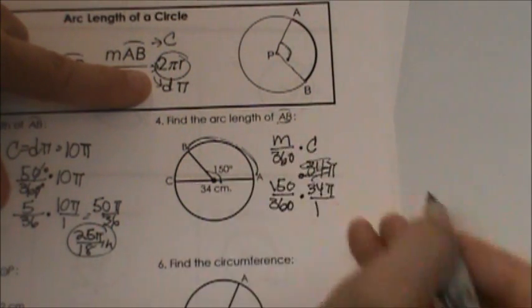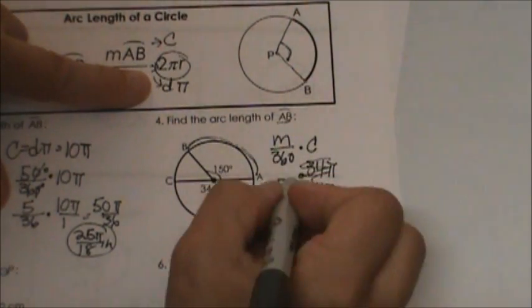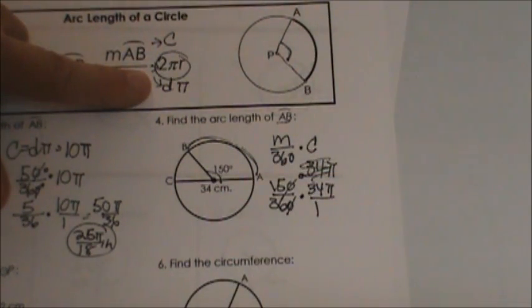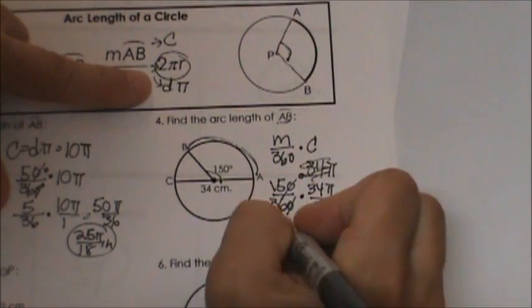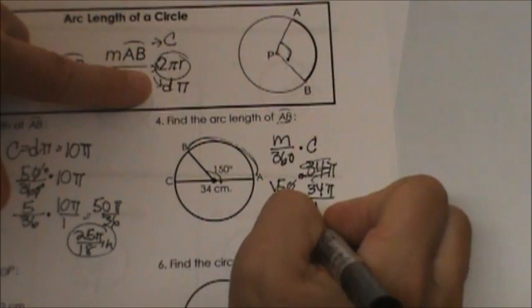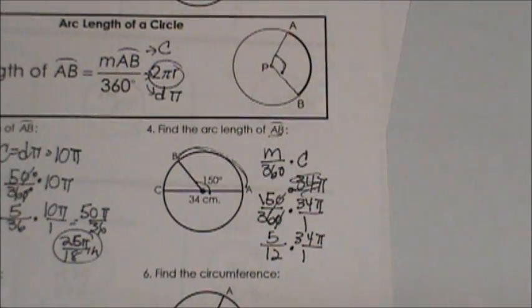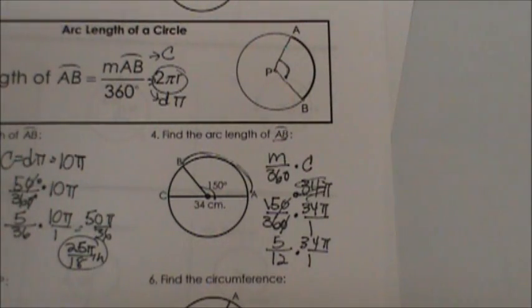Okay, I think I wrote that twice. Sorry about that. Okay, divide by 10. I'm just going to cancel the zeros out. Now I can also divide by 3, can I? So if I divide by 3, I'm going to get 5/12 times 34 pi, and 5 times 34.